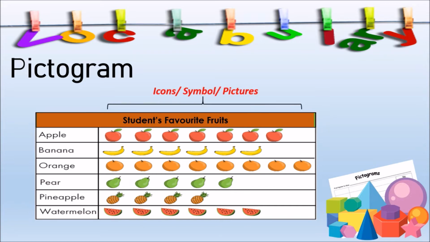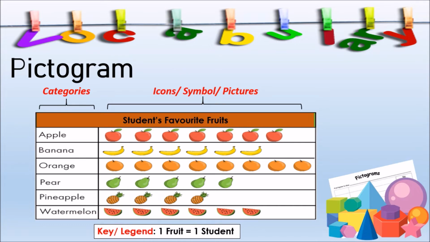We have the icons or symbols or pictures. These pictures represent the students that chose each category. Our categories are apple, banana, orange, pear, pineapple, and watermelon.